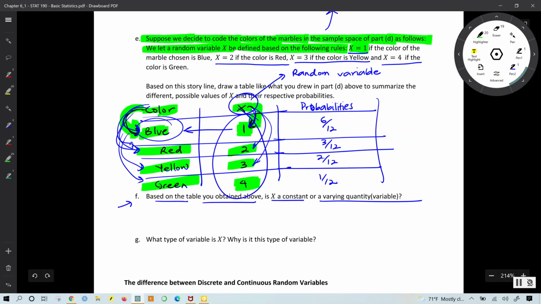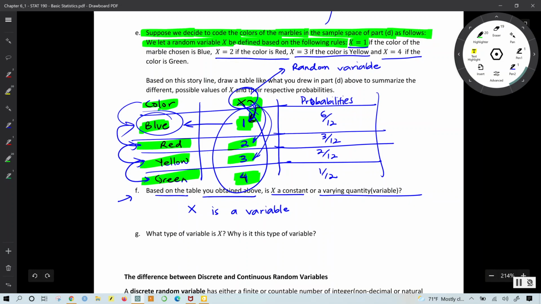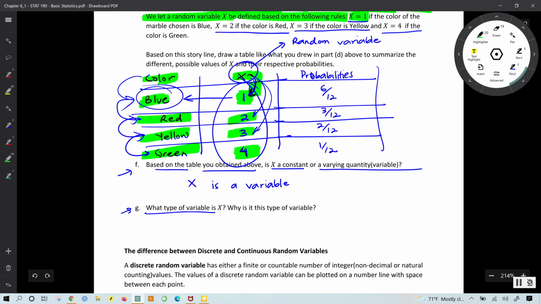Or is it a varying quantity, a variable? I would argue that x is a variable because it varies from 1 to 2 to 3 to 4, depending on what color of marble is possibly selected. Question G, what type of variable is x? Why is it this type of variable? X can be said to be a discrete random variable.